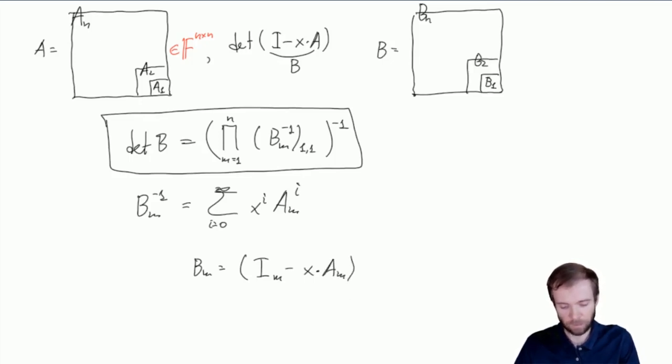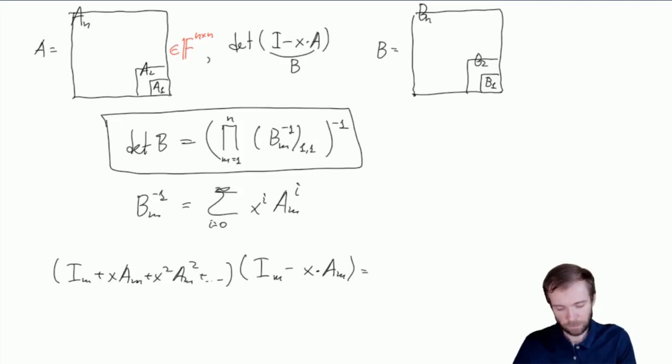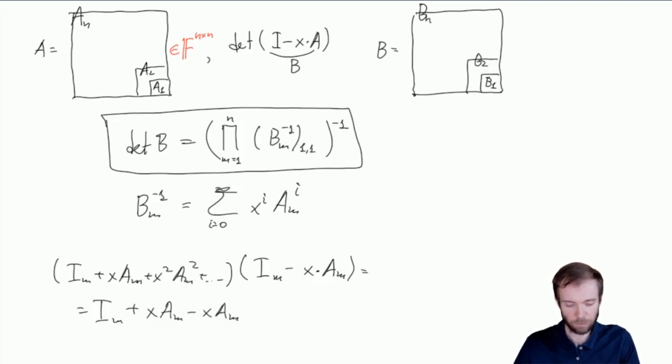And if we take this matrix and multiply it by the identity matrix of order m plus x Am plus x squared Am squared and so on, we get the product of two identity matrices, which is the identity matrix as well, plus x Am times the identity matrix, which is x Am, minus x Am times the identity matrix, which is minus x Am, and so on and so forth.